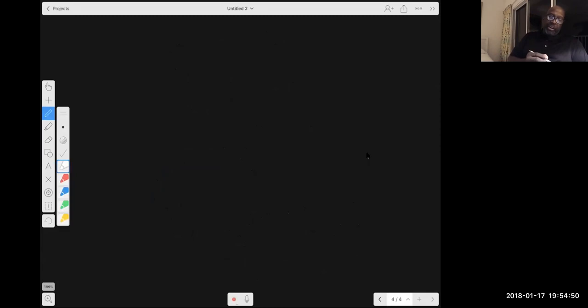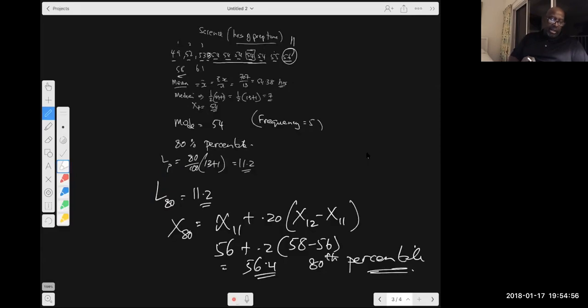So if we're looking at variability, let's go back to our numbers again. We had them go from 49 to 61, right? I'm going to rewrite these numbers so they're nice and clean.